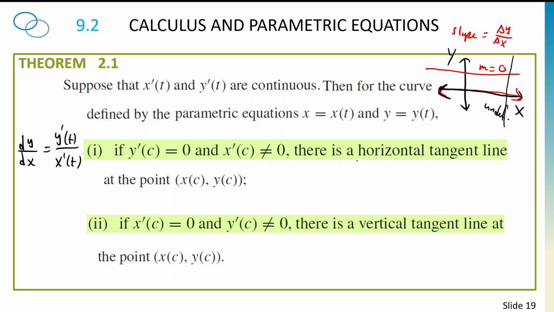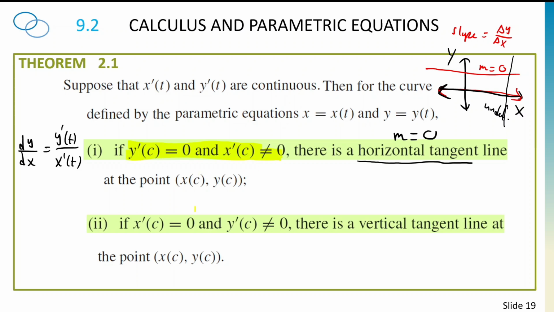Now, if I have a horizontal tangent, this means that the slope equals 0. When do I have any fraction equal to 0? If the numerator equals 0. So what's the condition? y prime equals 0 and x prime does not equal 0. This is the condition which guarantees that the tangent is horizontal.